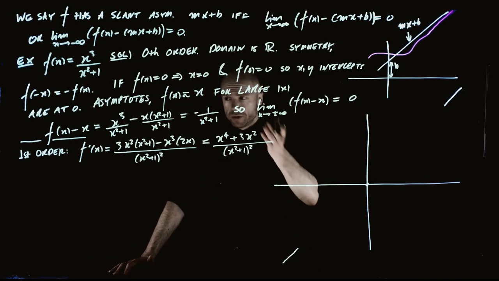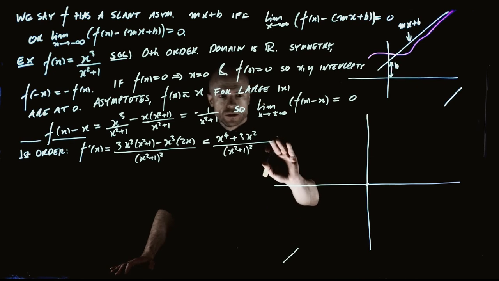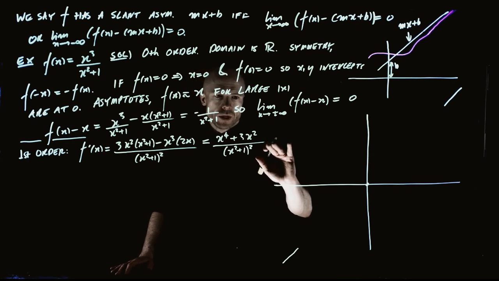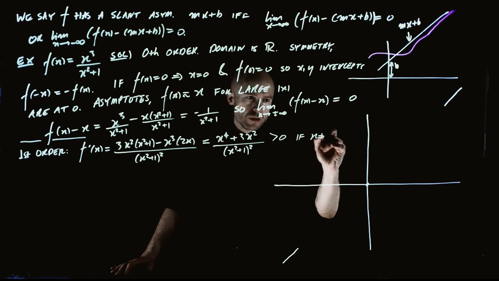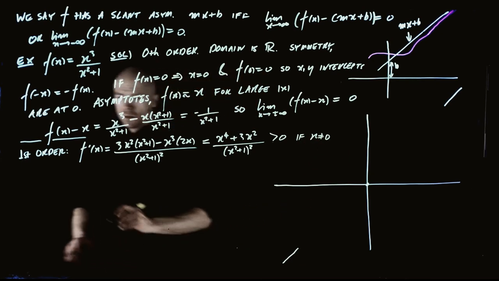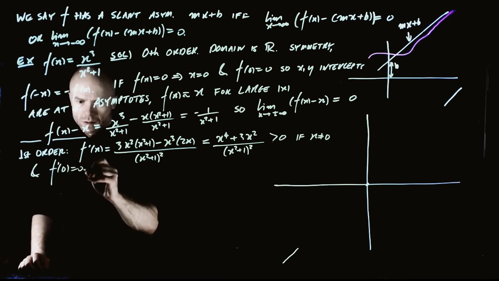So what do we have? We have that this derivative always exists, and it is always positive when x is non-zero. And when it's actually 0, it's 0. So this is bigger than 0 if x is not equal to 0, and f prime of 0 is 0.